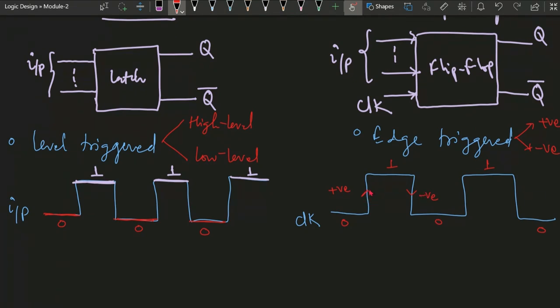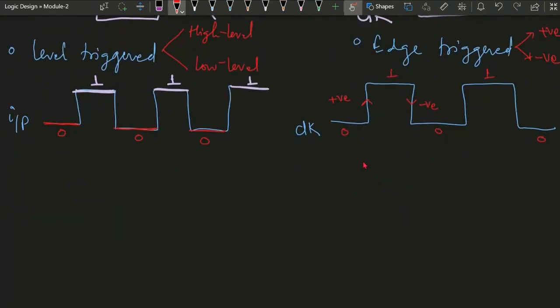If it is positive edge triggering, whenever a positive edge comes, only then will the output of the flip flop change. Otherwise, there will be no change in the output based on the input conditions. Similarly, if it is negative edge triggered, whenever a negative edge comes, only then will the output change based on the input conditions. Otherwise, there will be no change in the output.